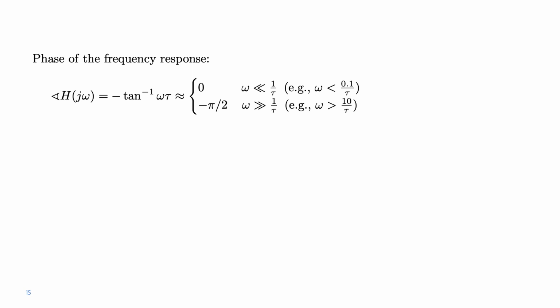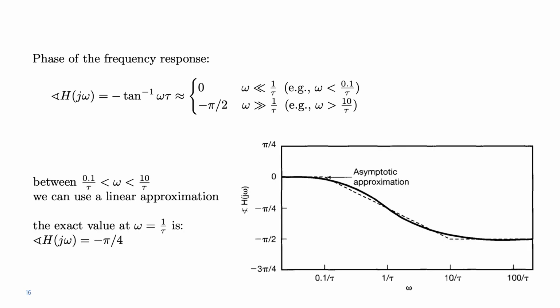So let's do that. If I use the asymptotic approximation to the left of 1 over tau and to the right of 1 over tau, let's look at the figure. I obtain a straight line and another straight line. In between those values, between 0.1 over tau and 10 over tau, it is good to have a linear approximation.